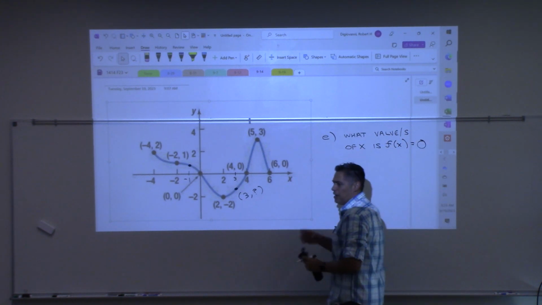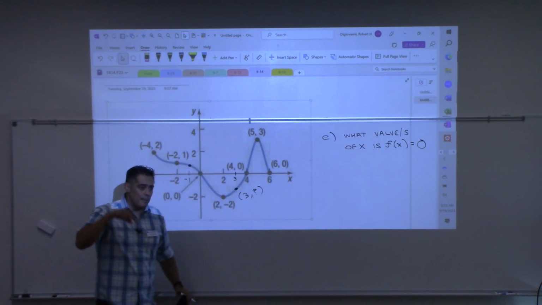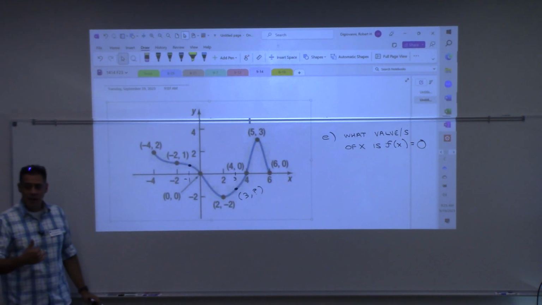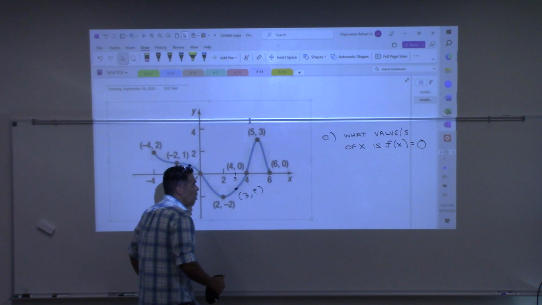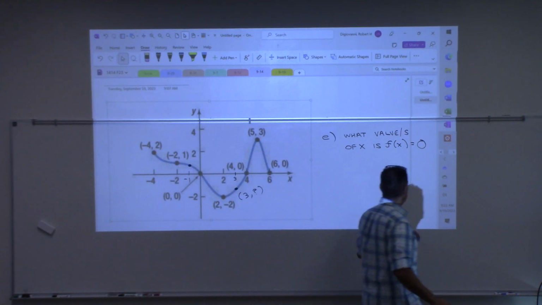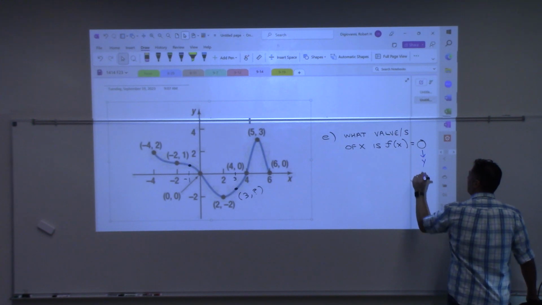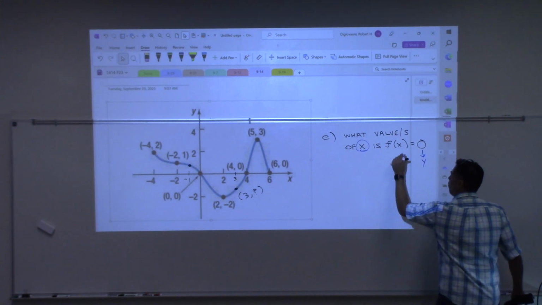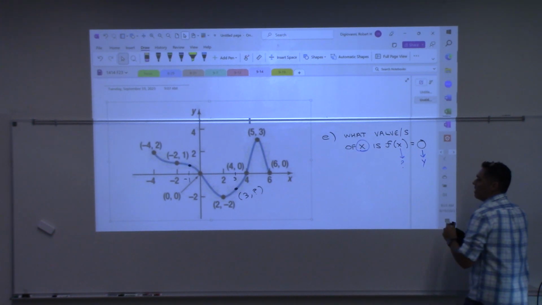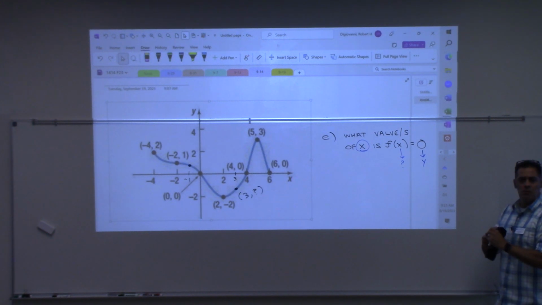So this is the first time we've had a problem like this. Everything else has been plug in the x, get the y value, right? What they're giving us here is what? The 0 is the x or the y value? This is the y value, right? And what they're asking us is what x do we plug in to get a y value of 0?